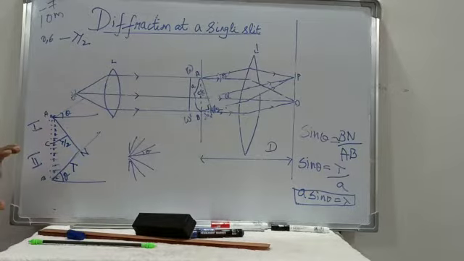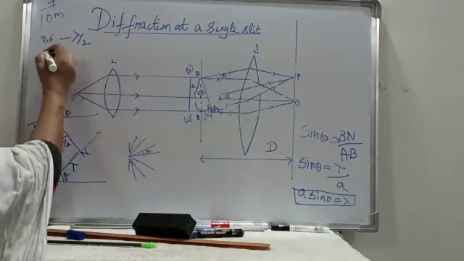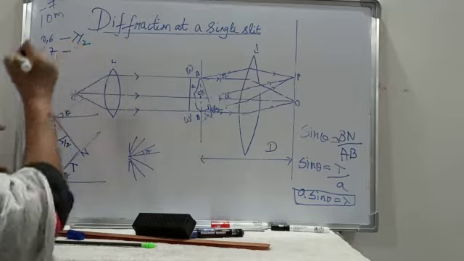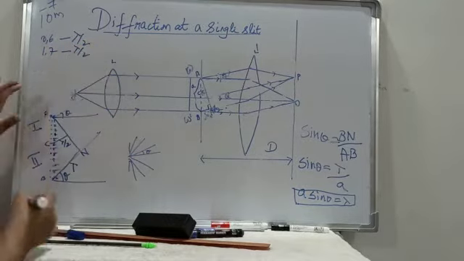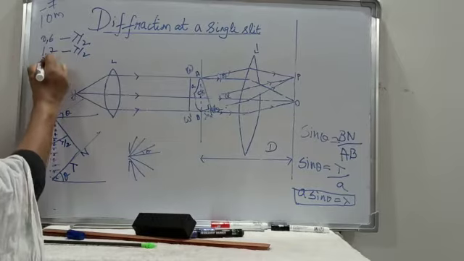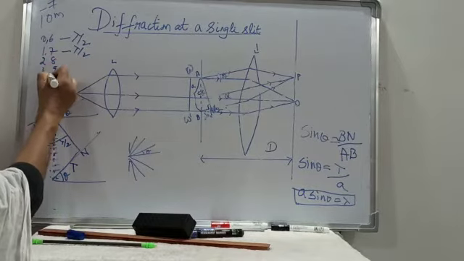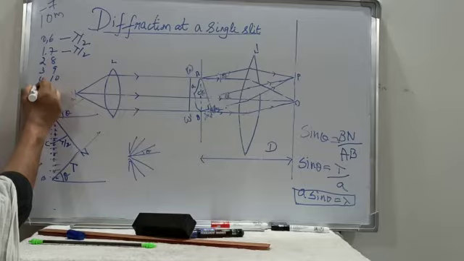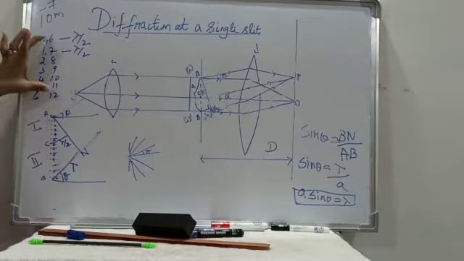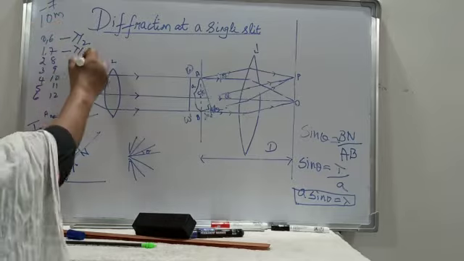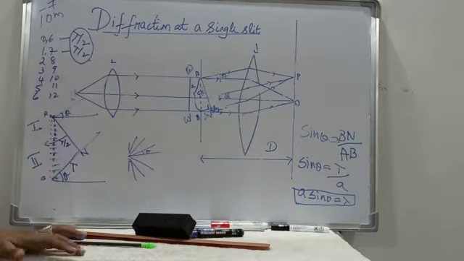Similarly, when 1 and 7 interfere, you get the path difference to be lambda by 2. Similarly, when 2 and 8, 3 and 9, 4 and 10, 5 and 11, 6 and 12 waves interfere, you get a path difference of lambda by 2.